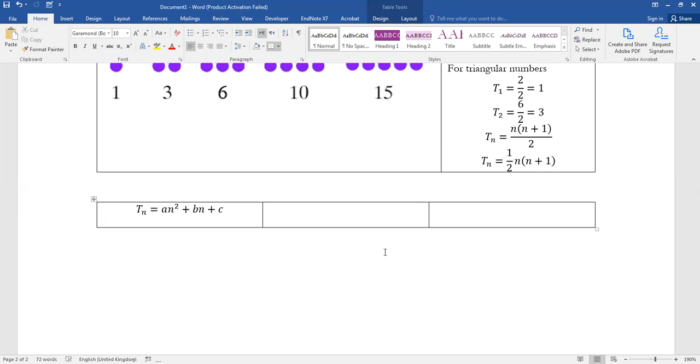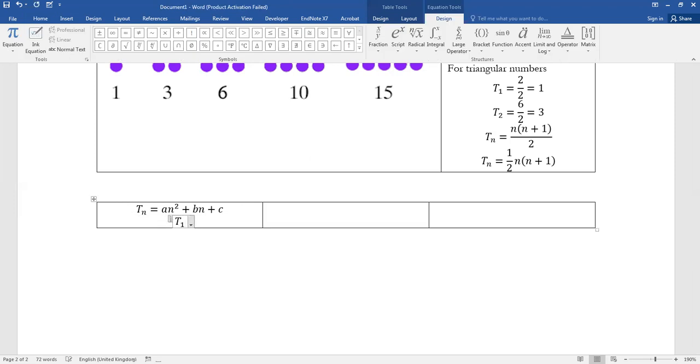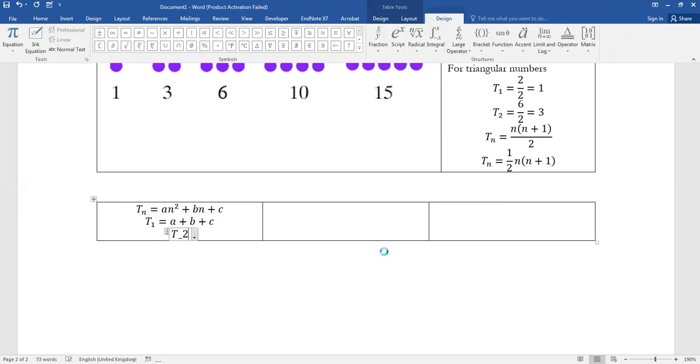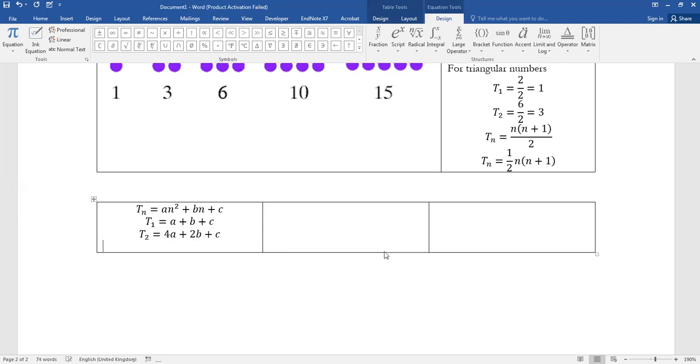So if I were to find the first term, let's plug in n as 1 and I'll get a plus b plus c. The second term, I'll get 4a plus 2b plus c. The third term, I'll get 9a plus 3b plus c.